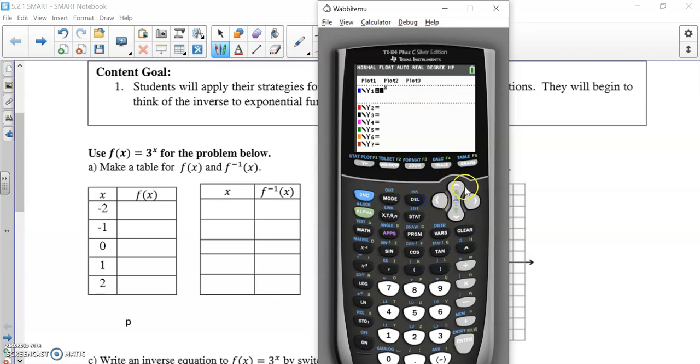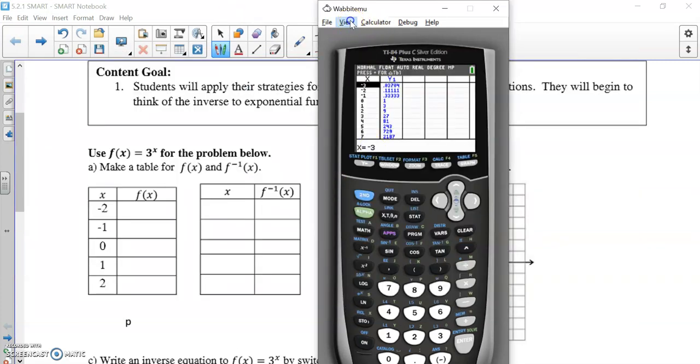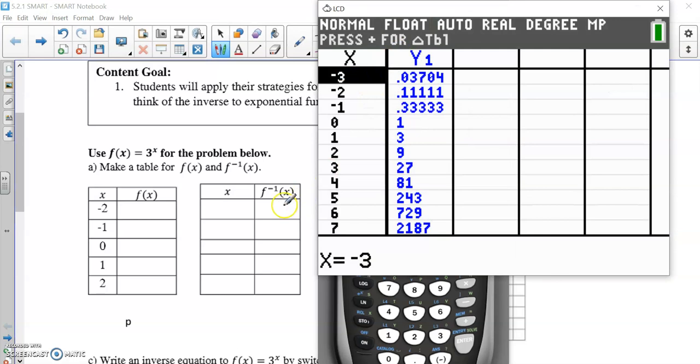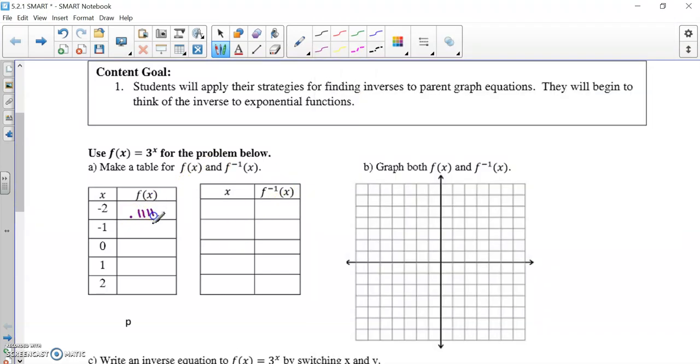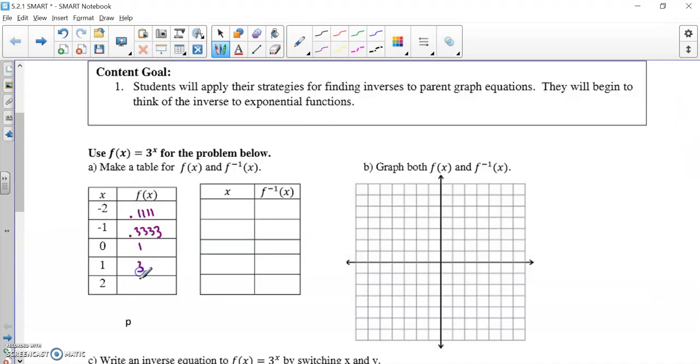Okay, so I can go straight to my table. Here I have -2, -1, 0, 1, 2, so those are the numbers I'm going to focus on. We got 0.1111, 0.3333, 1, 3, 9. Then I can go ahead and graph that too while I have it.